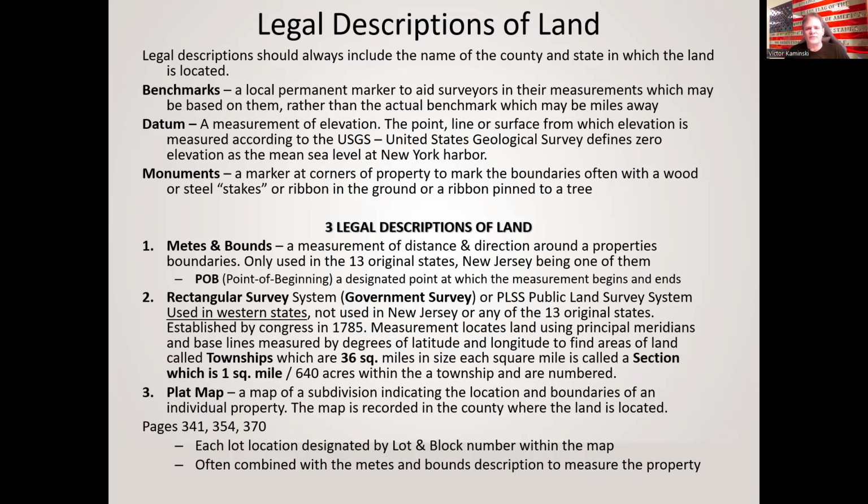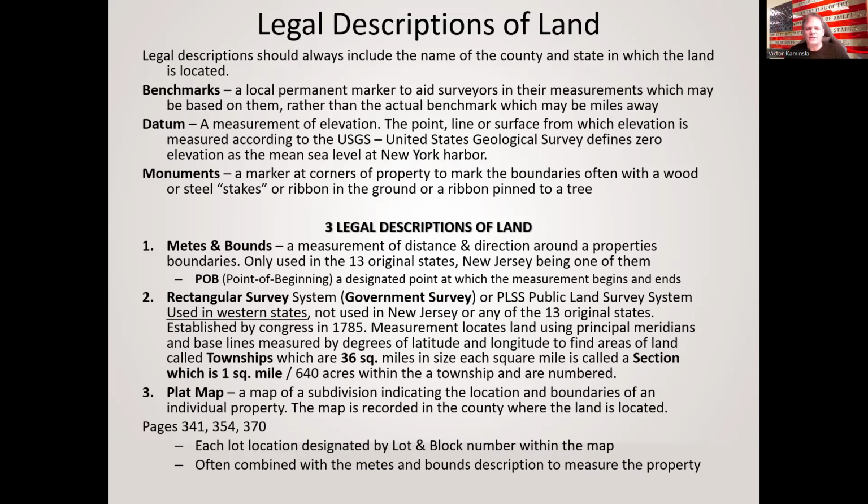So whatever the average sea level is in New York Harbor, if you discount those outliers, that is zero datum. That's zero elevation. So all over the United States, elevation is based on the sea level in New York Harbor.